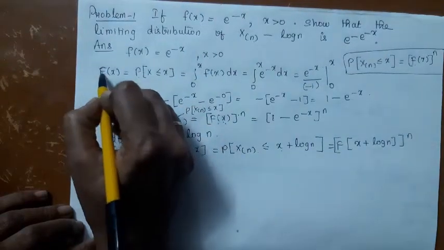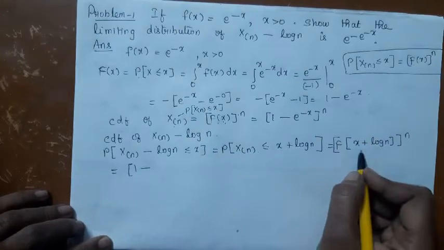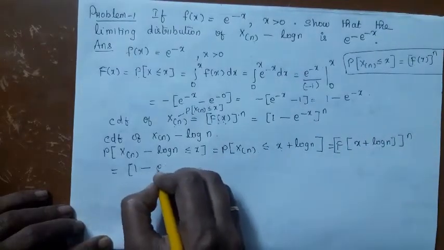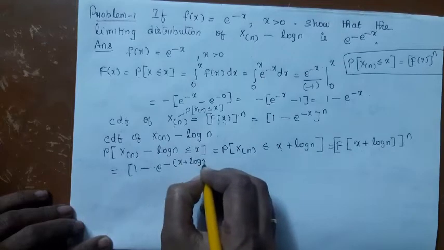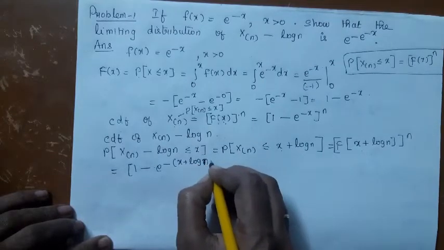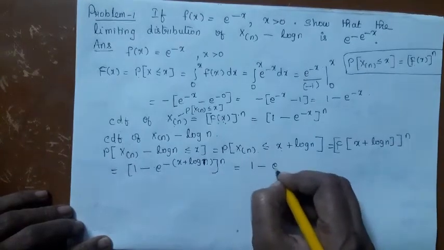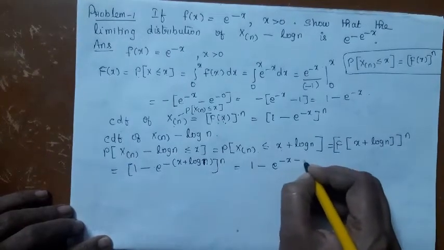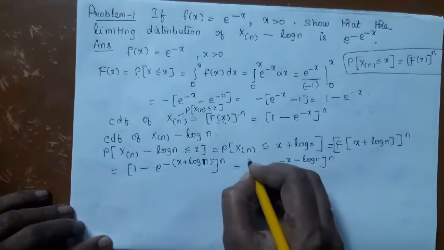See, capital F of x is 1 minus e power minus x. So 1 minus e power minus x plus log n, the whole power n. That is 1 minus e power minus x minus log n the whole power n.